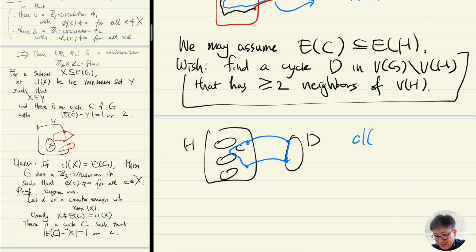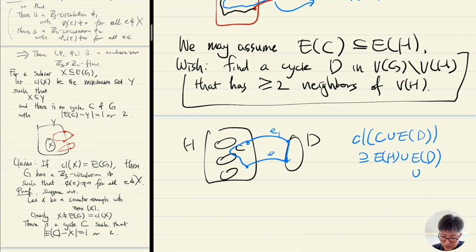The closure of C union D contains edges of H union edges of D union those two edges, let's say E1, E2.